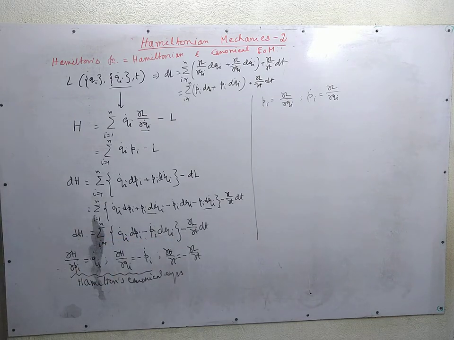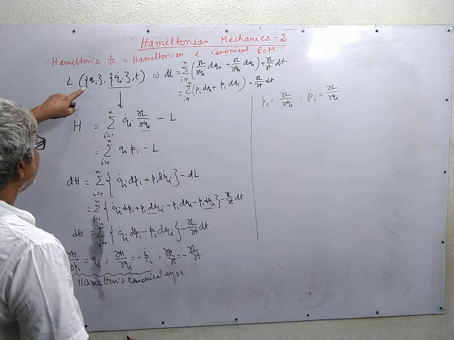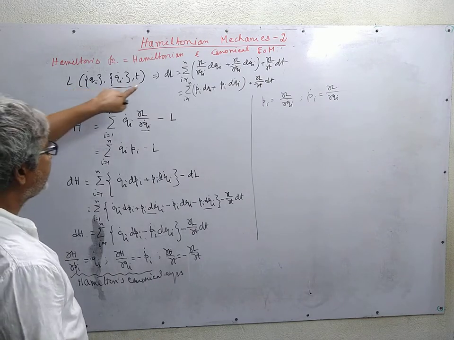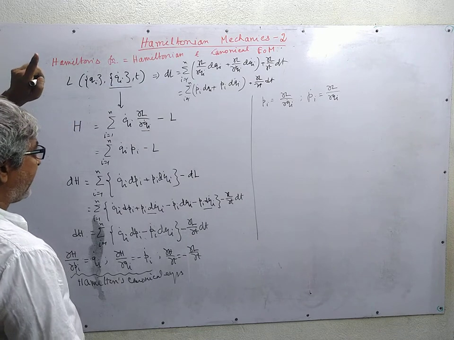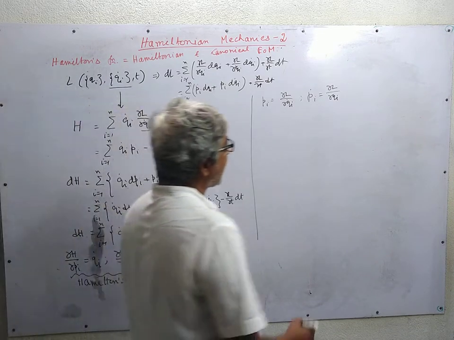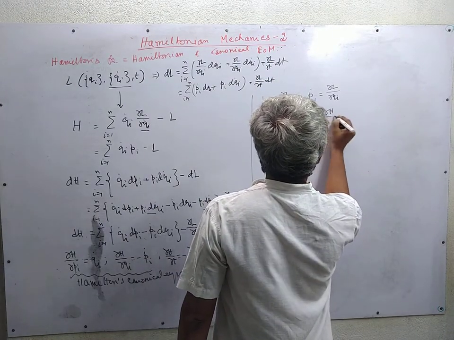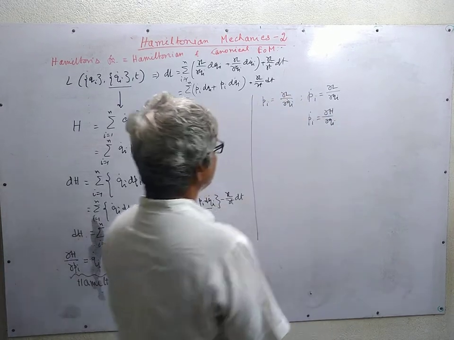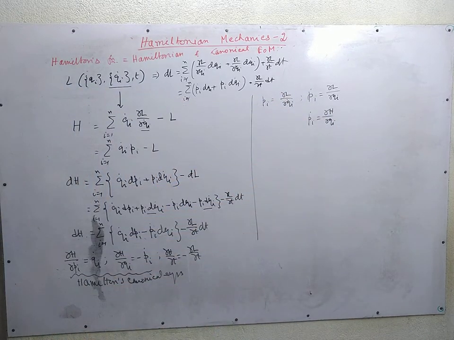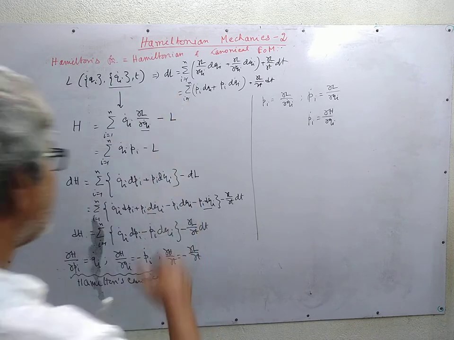So as we move from here to there, Q and t are passive variables. You recall that Pi dot is equal to minus ∂H/∂Qi. So it is the same definition that we had obtained earlier. The Qi being passive variables, we have obtained this relation.